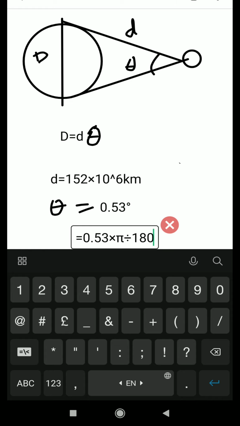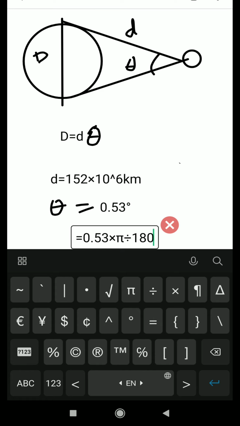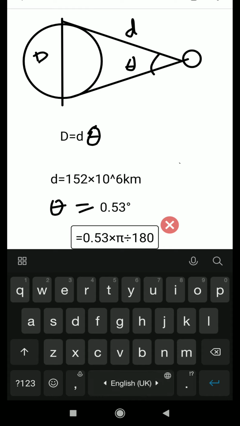This answer is in radian. Here there is no symbol, so I write it in radian.